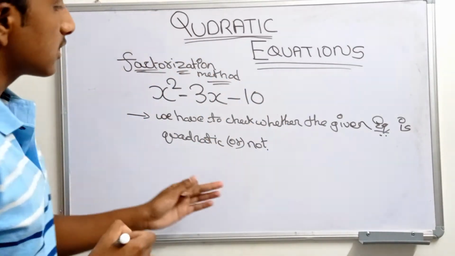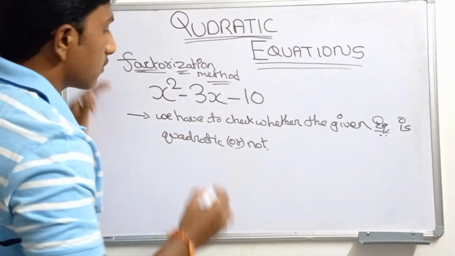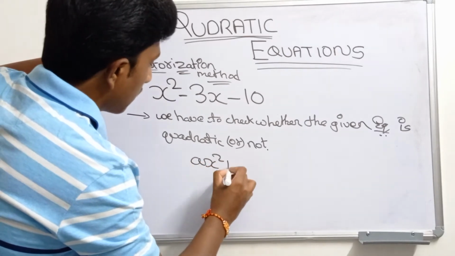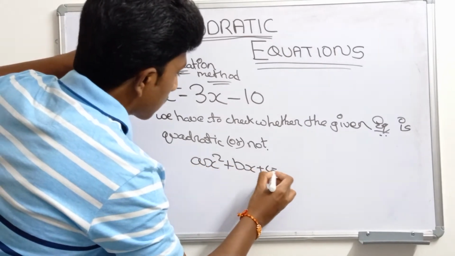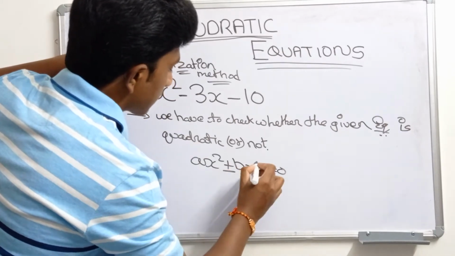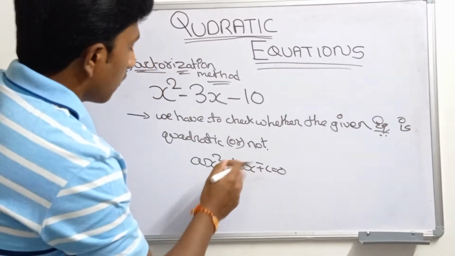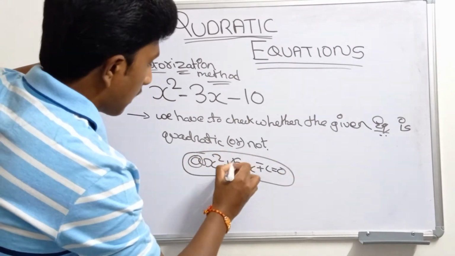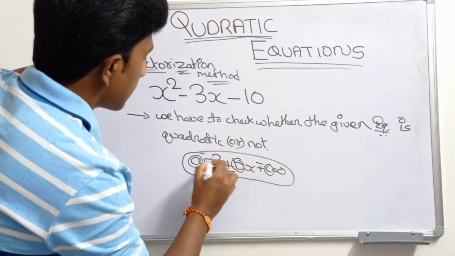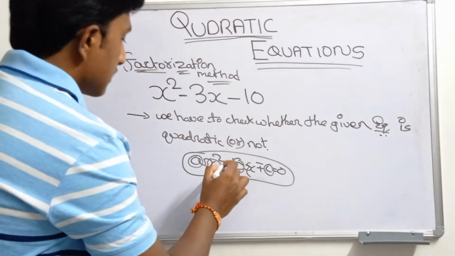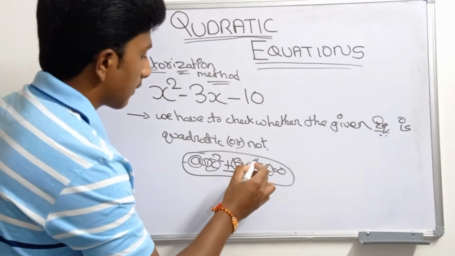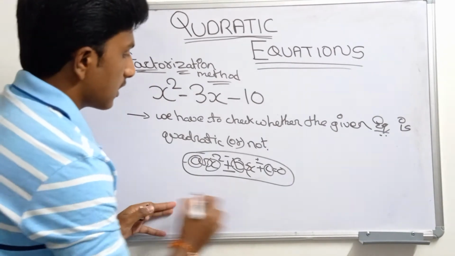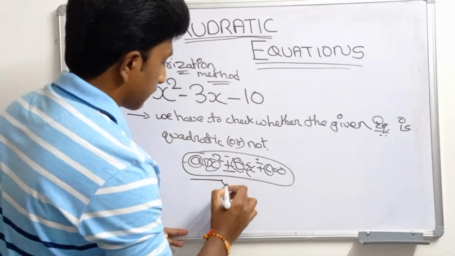That means you should also check that the equation is in the form of ax square plus bx plus c is equal to 0, and sometimes the signs change to minus or plus, depending upon the sum. Here a, b, c are taken as real numbers and x is taken as a variable, guys. The signs can be anything, but the equation is always a quadratic equation of this form.